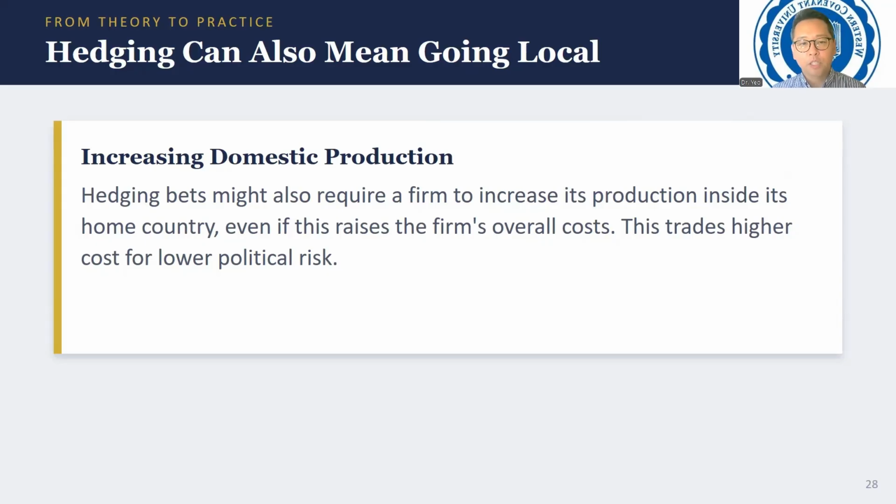The company accepts higher production costs today in exchange for more certainty and less risk in the future. This kind of decision shows how trade theory connects directly to real corporate strategy. It's not just an abstract economic idea. It shapes where factories get built and how supply chains get designed.